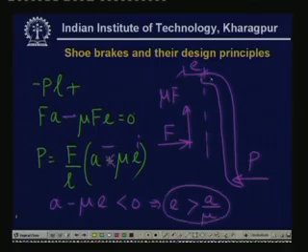If E is in the negative sense, as the situation is depicted over here, E in this line of action is towards the left, and E is greater than A by mu.